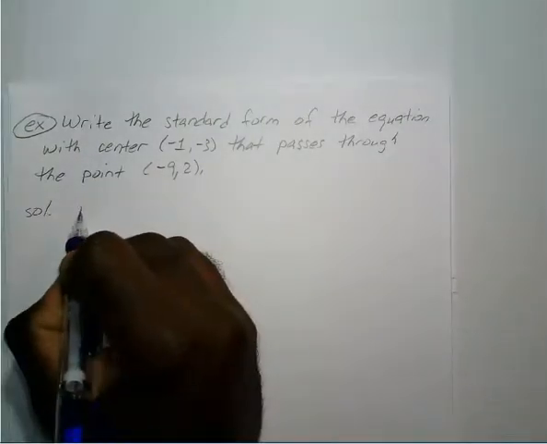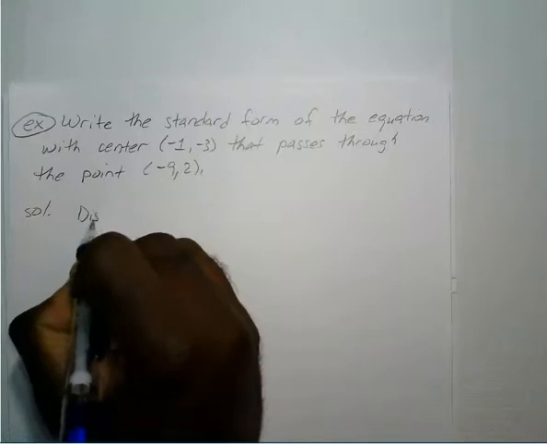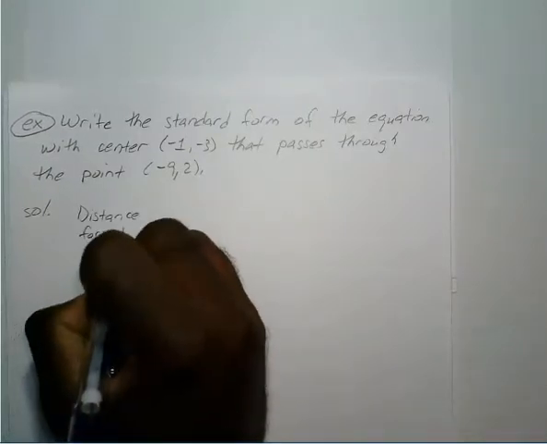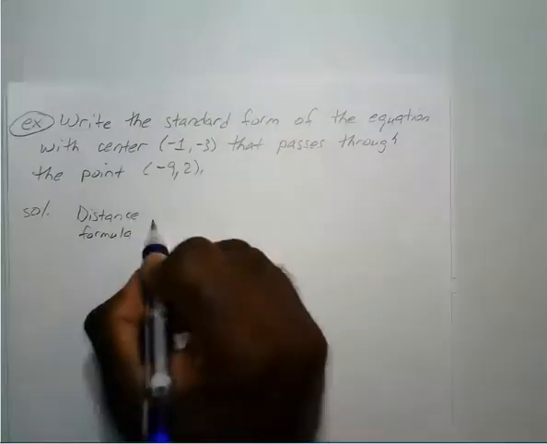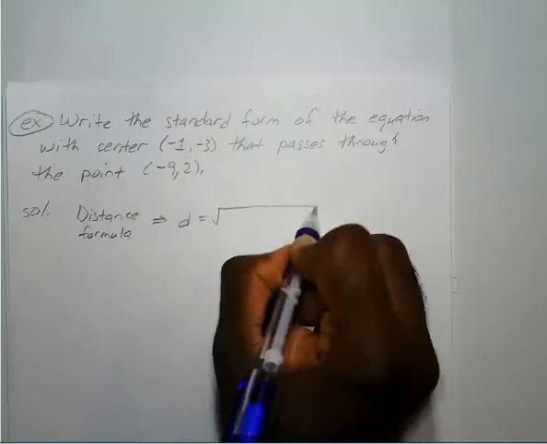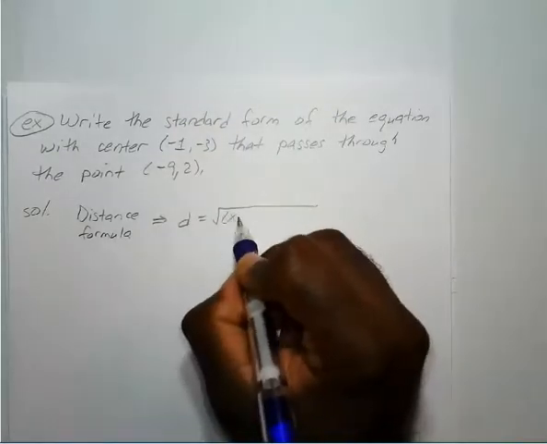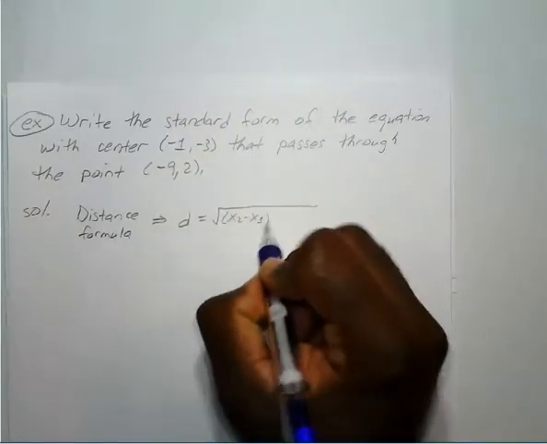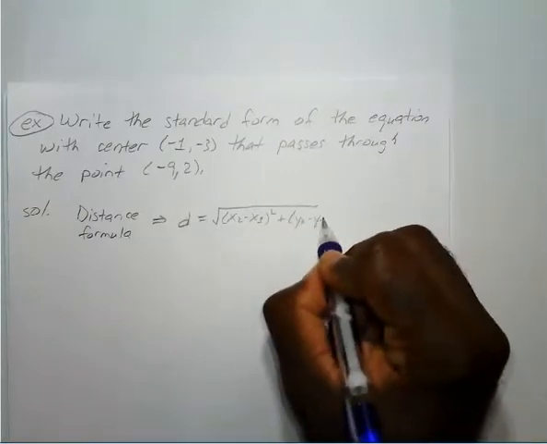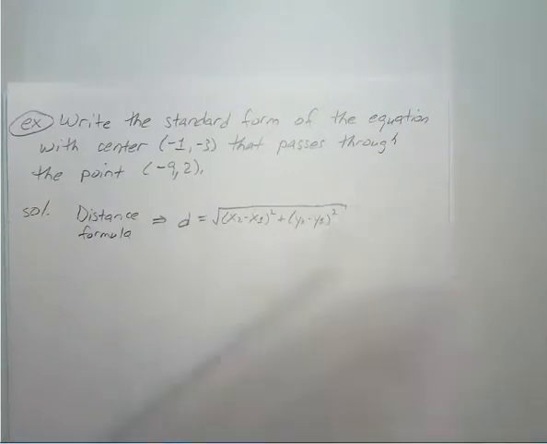Okay, so remember your distance formula, and that's d is equal to the square root of x2 minus x1 squared plus y2 minus y1 squared.